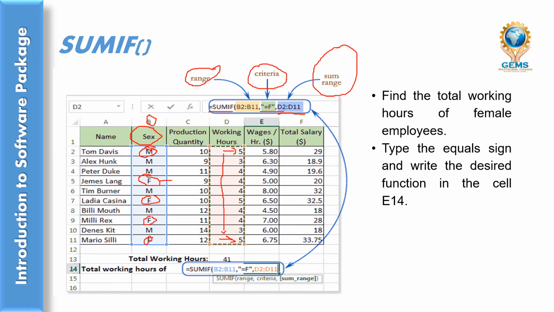After entering the formula, you will find the total working hours of female employees. Type the equal sign and write the desired function in cell E14.